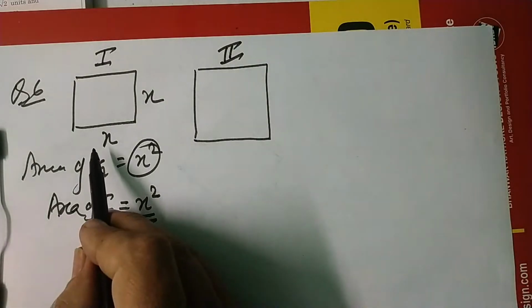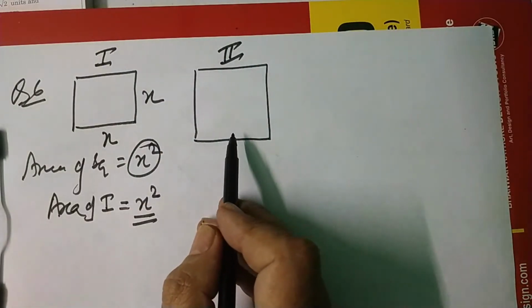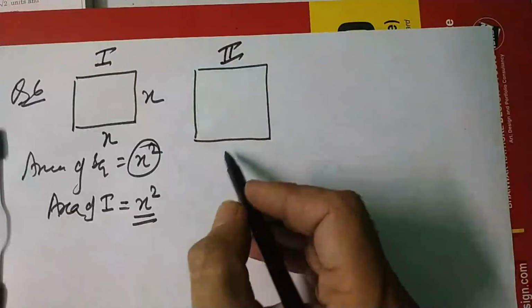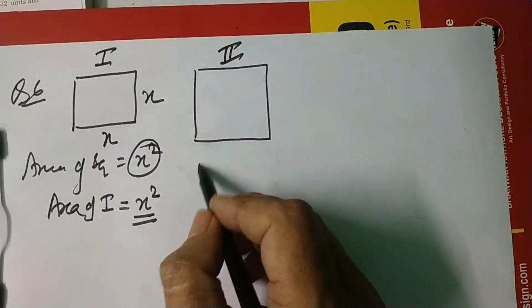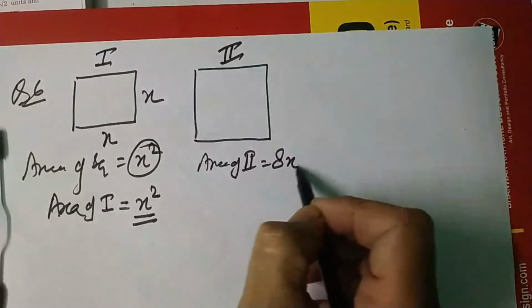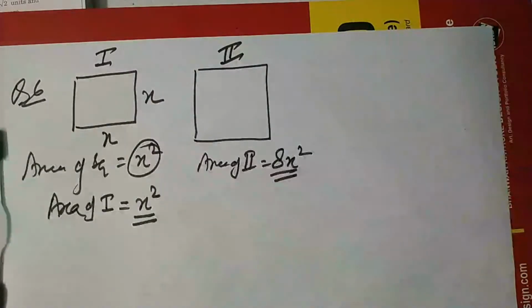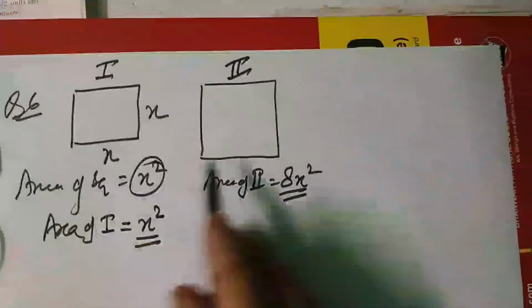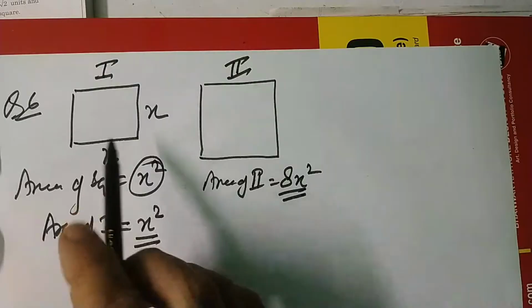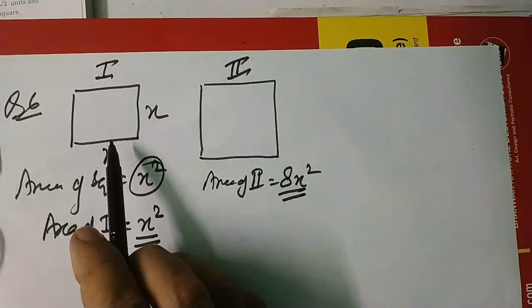Now what will be the area of another square, which is 8 times the first one? So what will be the area of this square if it is 8 times? Area of the second is 8 times. Okay, so there are two squares and the question says you have to apply Pythagoras theorem here.